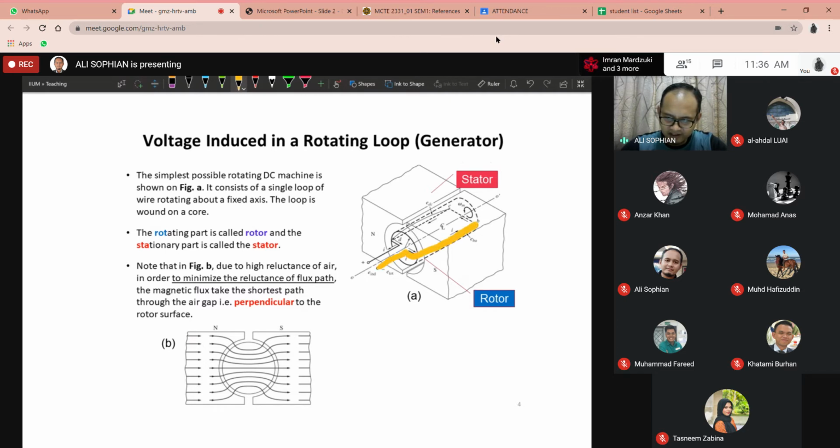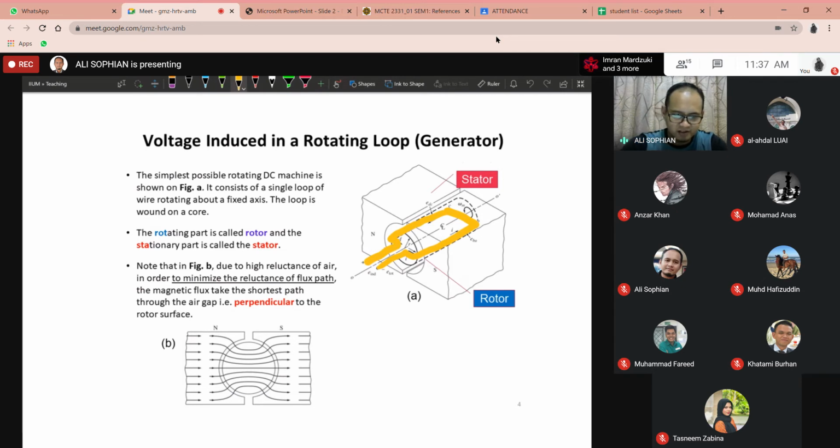It's a bit too thick, but I will delete it later. So this is the loop, and the loop is wound around a cylindrical ferromagnetic core.